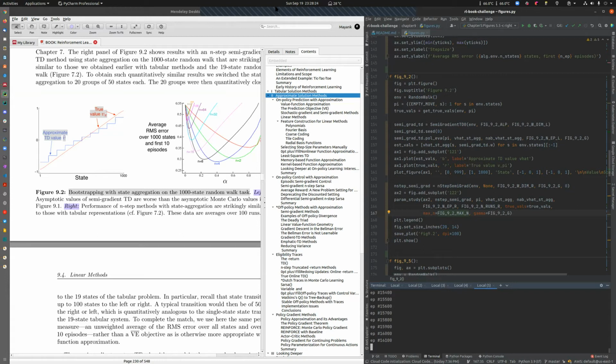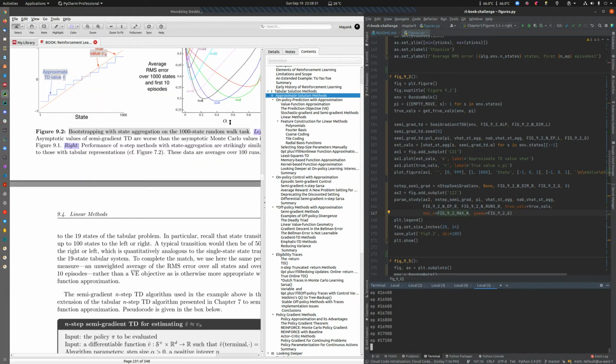It will take some time. In the meanwhile, Arto, you can take back the control and guide us. Yeah.